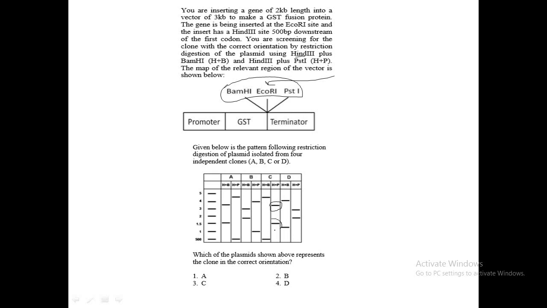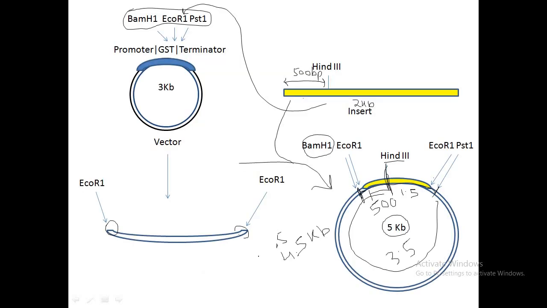Now we will see the fragments that we get after restriction digestion with HindIII and BamH1. We were getting 0.5 and 4.5 kb, which add up to 5 kb.